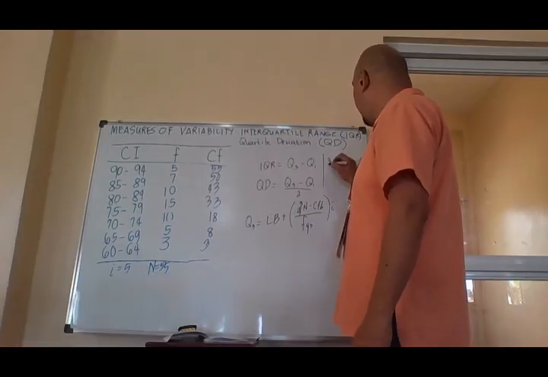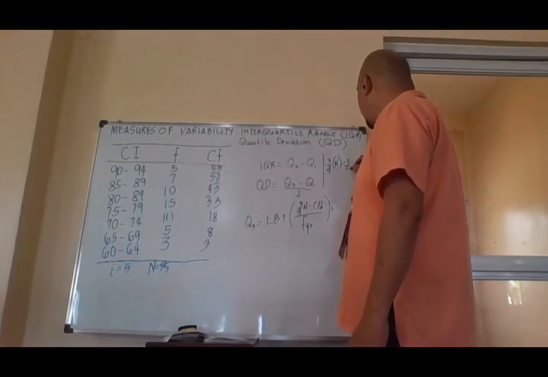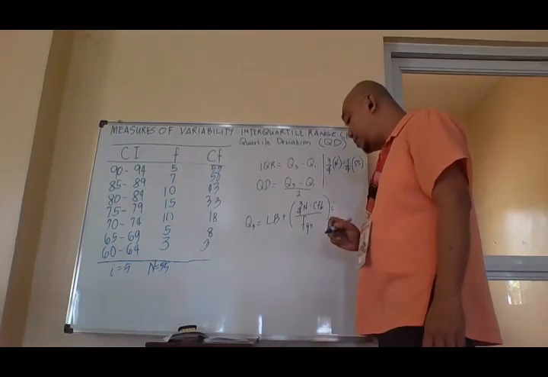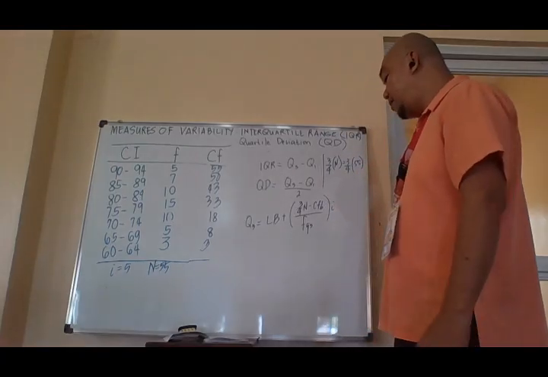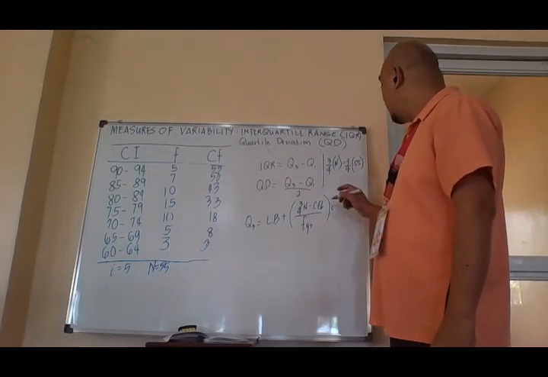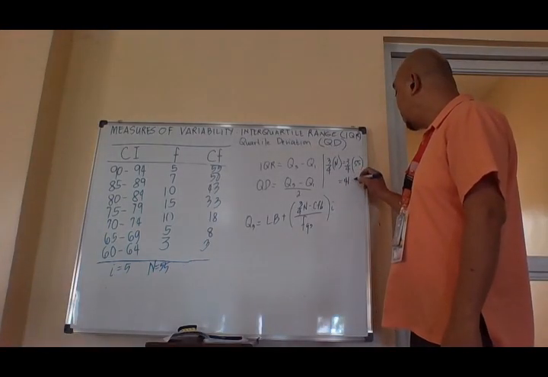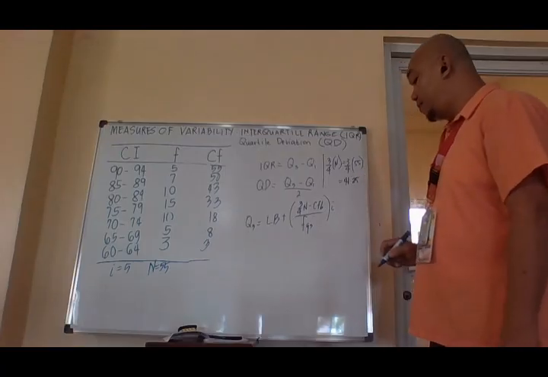of n, 3/4 of 55, and 3/4 of 55 is equal to 41.25.